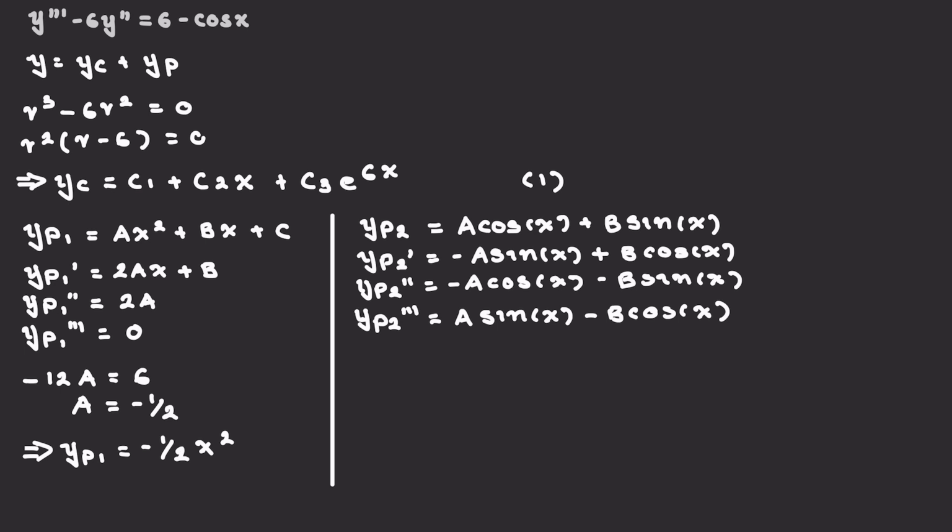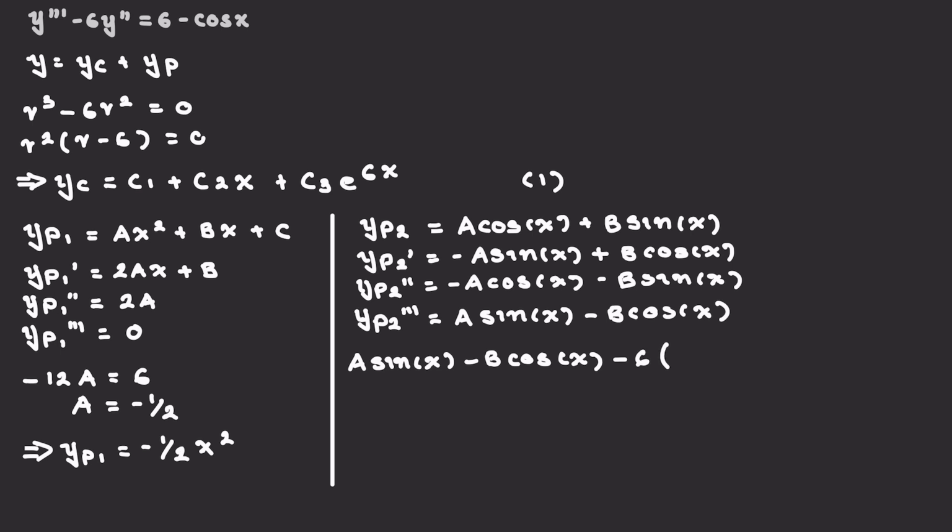And so we have here yp2, the third derivative of yp2 is a sine of x minus b cosine of x, minus 6 times y double prime, and our yp2 double prime is negative.